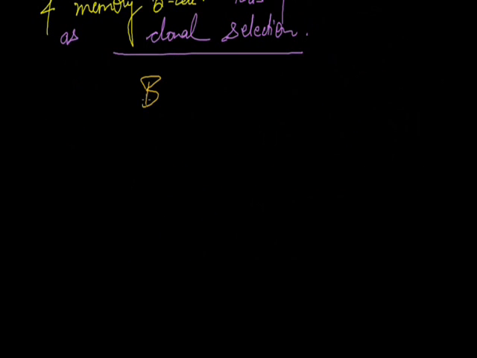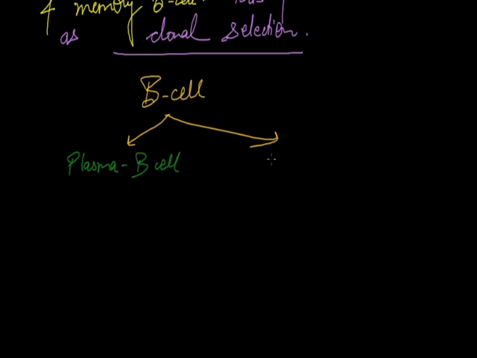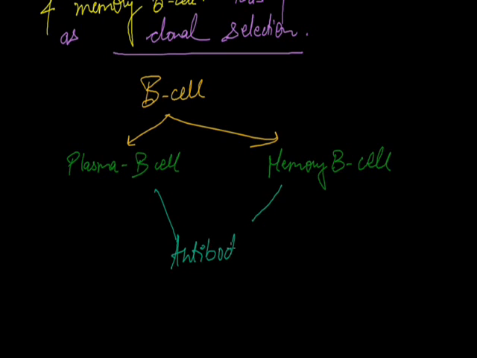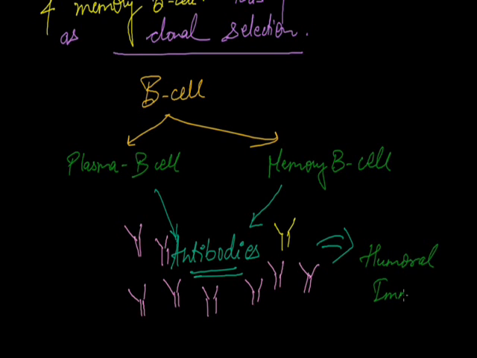That is, the B cell gives rise to two types of cells: first is plasma B cell and second is memory B cell, which will produce antibody and give a humoral or antibody mediated immune response.